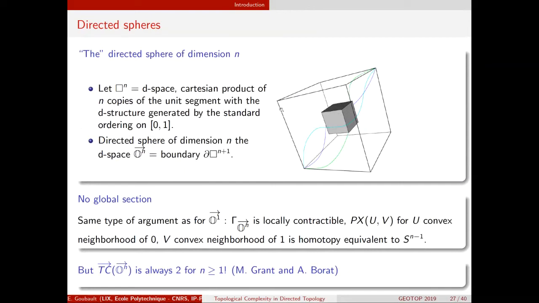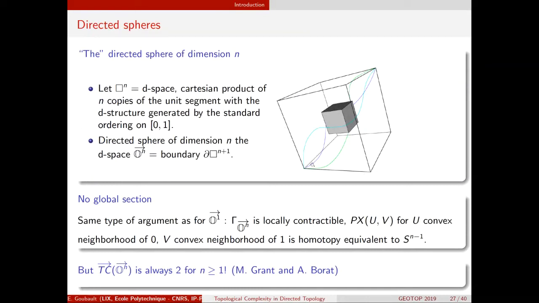So we just see this directed sphere as, well, up to deformation, a hypercube of dimension n. So actually the boundary of a hypercube of dimension n, in which the directed path structure is given by the partially ordered structure you have in the ambient Rn. So let me explain that. Let me just see this hypercube I have here, or this cube here, as the product of 3 directed segments.